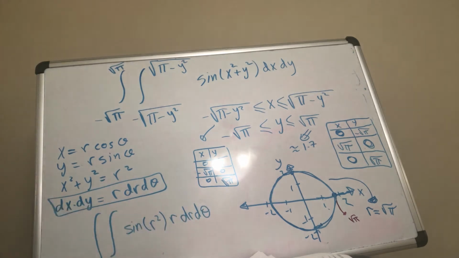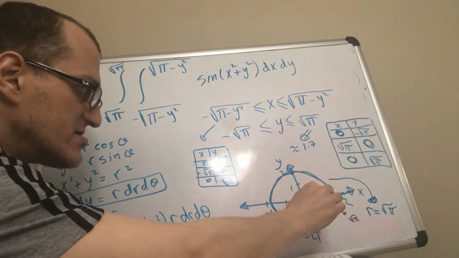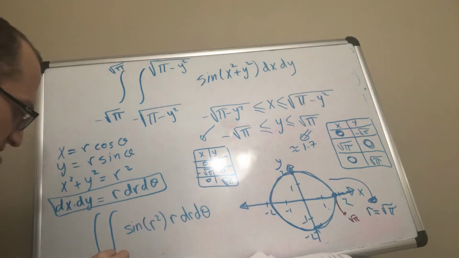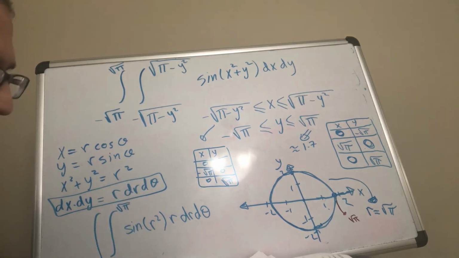So now r is first, and since r is first, let's see what the radius is. The radius is from 0 to root pi. So the radius is from 0 to root pi. That's my radius.